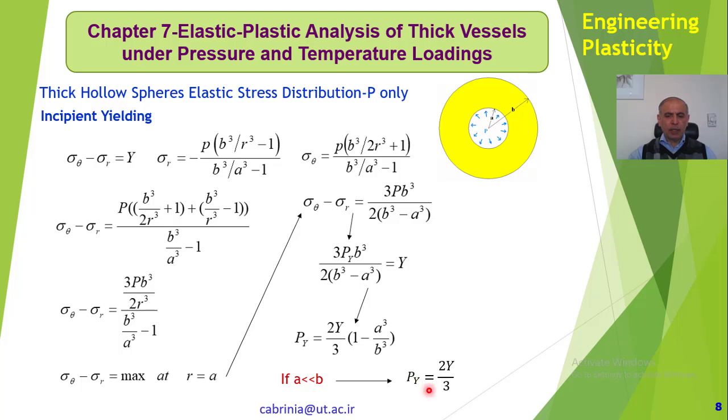Then the pressure inside that small cavity, if it reaches 2Y over 3, then the material yields in that part. Okay, so that could be a useful one, but the relationship for the hollow thick sphere is that under internal pressure. Okay, so far we have obtained a stress distribution, a strain distribution in the elastic region, and also incipient yielding.